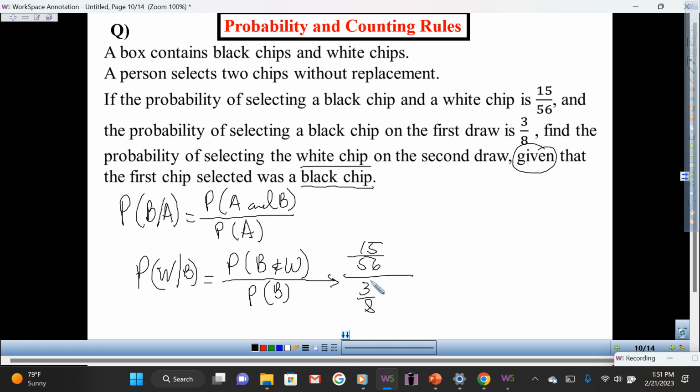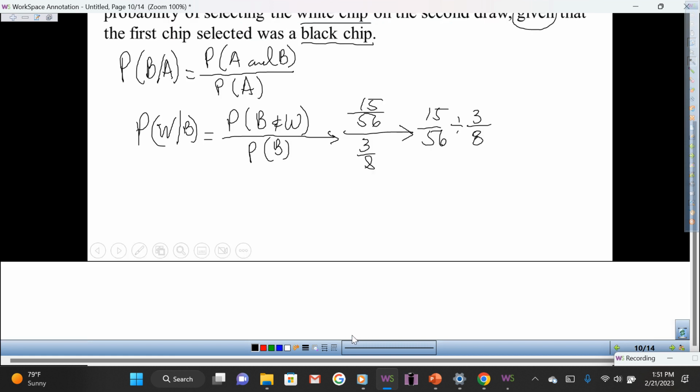3/8. Can we have fractions over fractions? No, let's write it out. 15/56 divided by 3/8. So 15/56 times 8/3. Remember some basic third grade stuff.